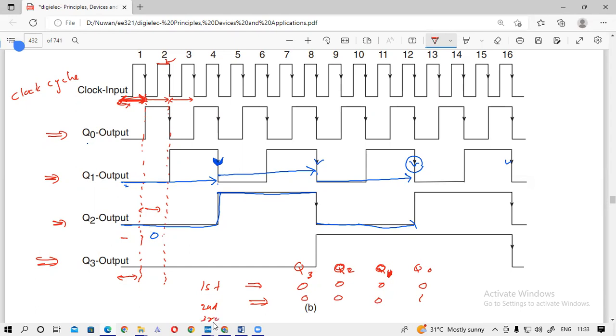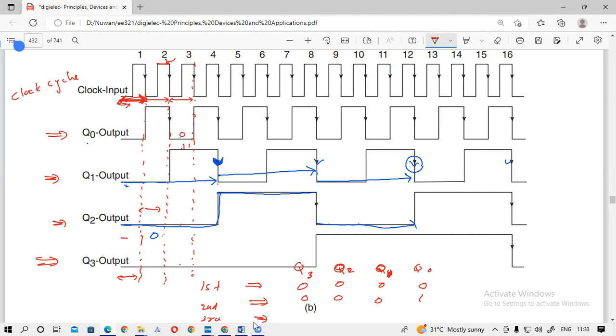And what is the third one? At this clock cycle it will be 0, 1, 0, 0.